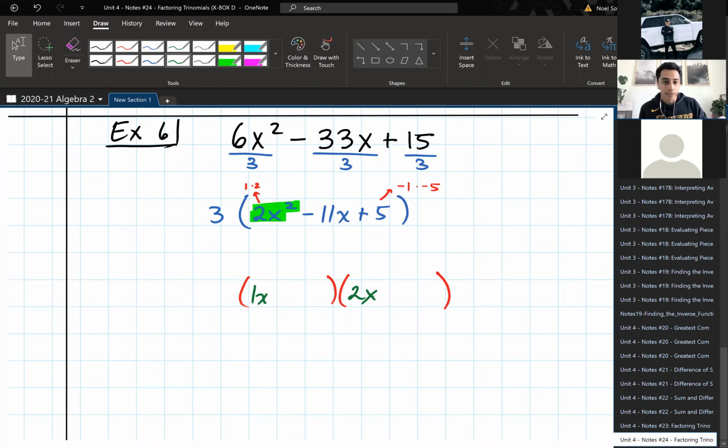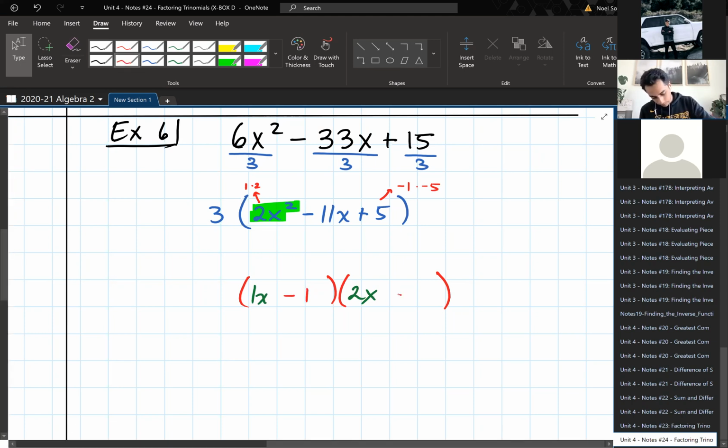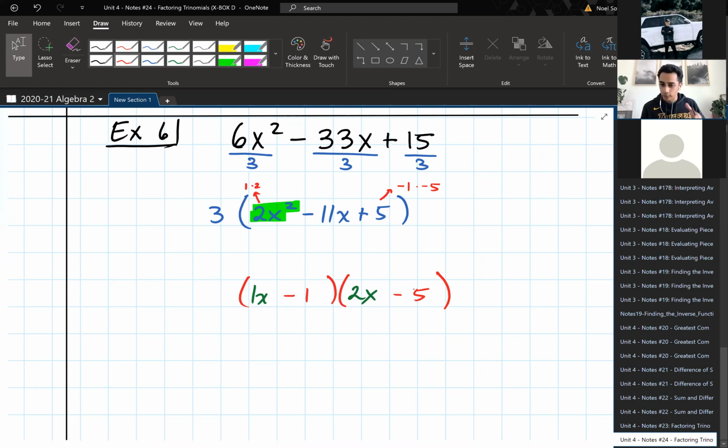And then in addition to that, the only way I could get positive 5 is to multiply negative 1 times negative 5. Now real quick, the way that I've written it, do you think that's going to work? Or should I have tried a different placement of the negative 1 and the negative 5? Maybe it should be different, right?